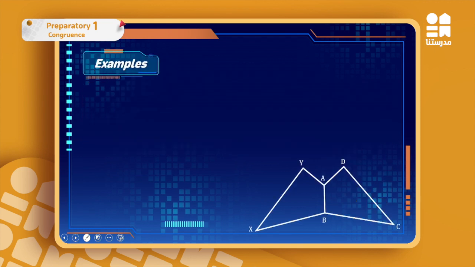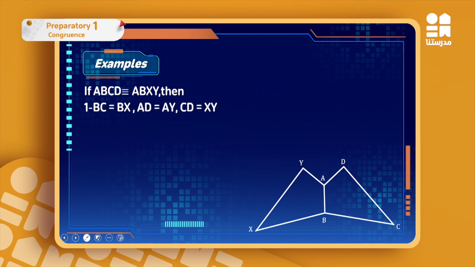Examples: if I have the polygon ABCD and it's congruent to polygon ABXY, then number 1, BC is equal to BX.